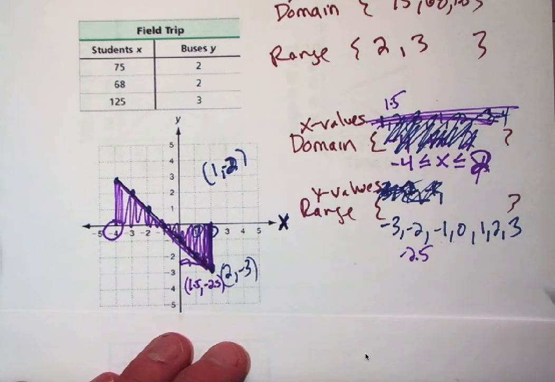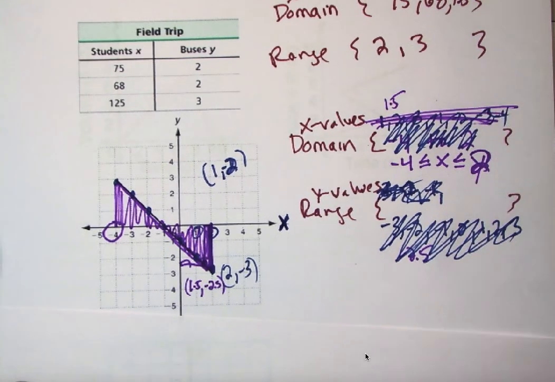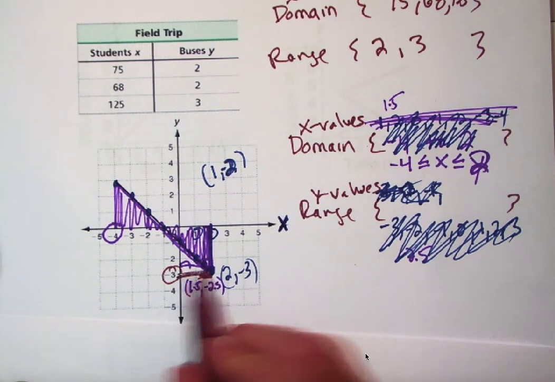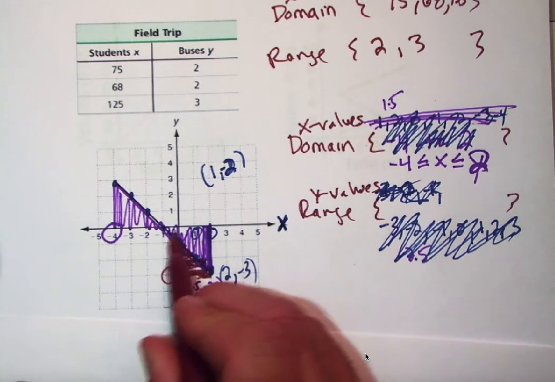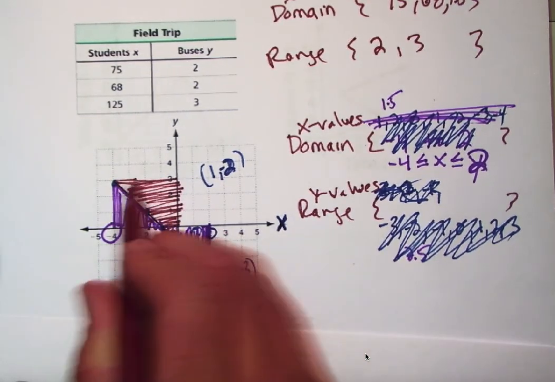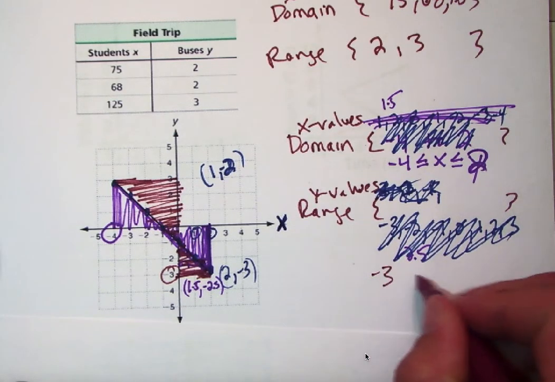Okay, and this isn't really the range. We got to be more careful, right? Well, what's the lowest point used to make a point? Well, there it is at -3, right? But then what else in the y has been used? Well, 3. So it goes from -3 all the way to 3.